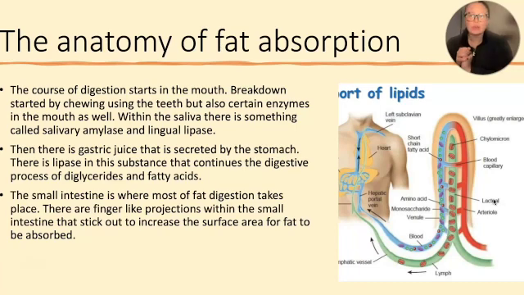They are used to increase the surface area for fat to be absorbed, which is similar to what we heard in the respiratory system with the finger-like projections, which also increased the surface area. Same kind of idea, to catch on to those fats and typically emulsify them and get them ready to be absorbed. This is all going to happen within the intestines, specifically the small intestines.